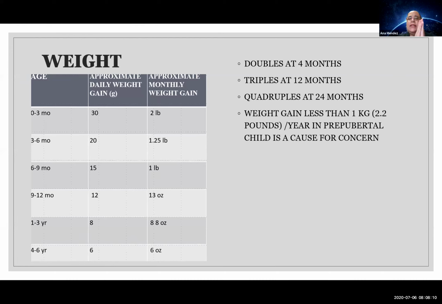For weight, the weight doubles at 4 months of age, it triples at 12 months of age, it quadruples at 24 months of age. And weight gain that is less than 1 kg or 2.2 pounds per year in a prepubertal child is of concern. And here again are the expected weight gains as the child gets older.